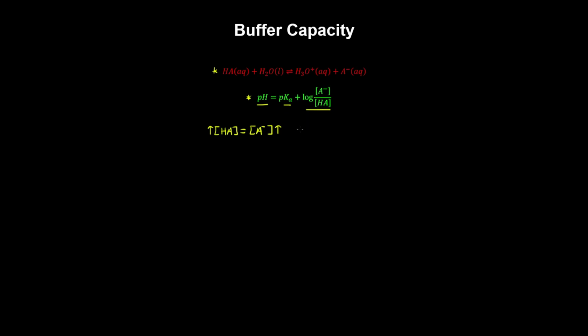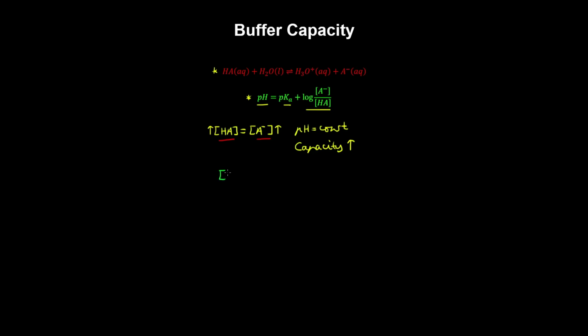And therefore, the pH stays constant, but the capacity of the buffer is increased because you have more acid and its conjugate base to neutralize any added acid or base.